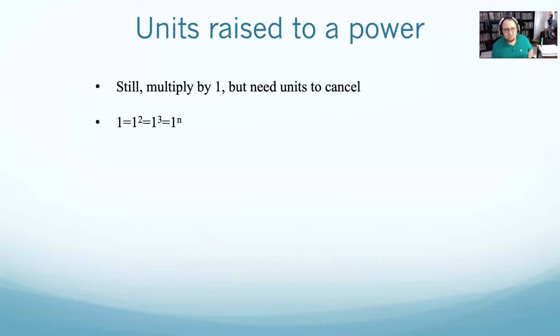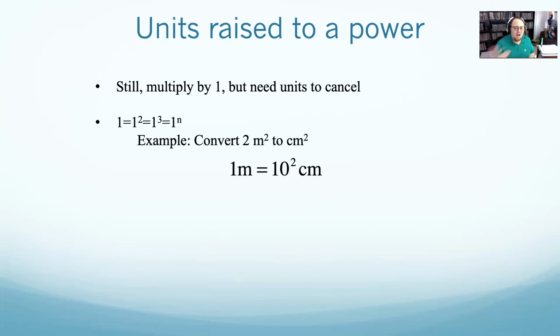And so if I want to convert 2 meters squared to centimeters squared, and 1 meter is 100 centimeters, I made my conversion factor that there's 100 centimeters per meter. That equals 1. But if I square that conversion factor, it's still 1. And so if your unit is raised to a power, you need to raise your conversion factor by that power.